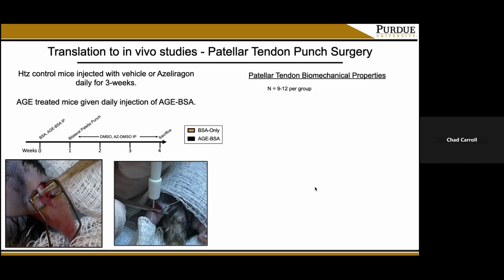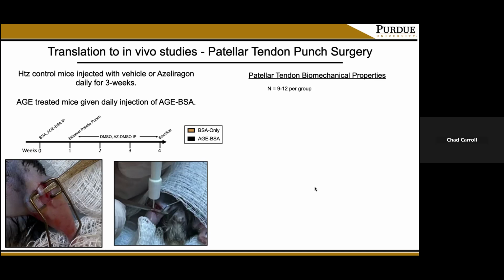What I'd like to show you today is some work we've done in a normal, healthy mouse. We started with this model because we wanted to be able to just isolate the effects of AGEs and not deal with all the other things going on with diabetes. So we designed an approach where we use the db/db heterozygous controls that we get for free when we buy our db/db mice, so we might as well use them for something.